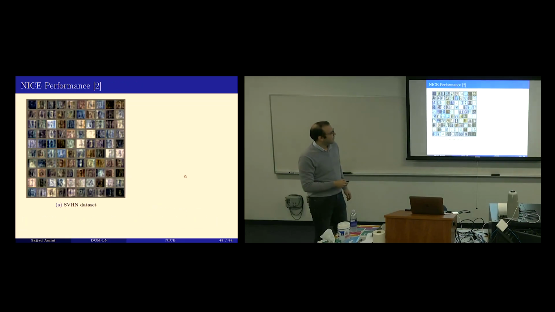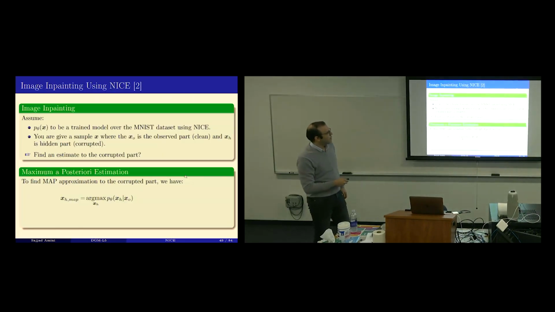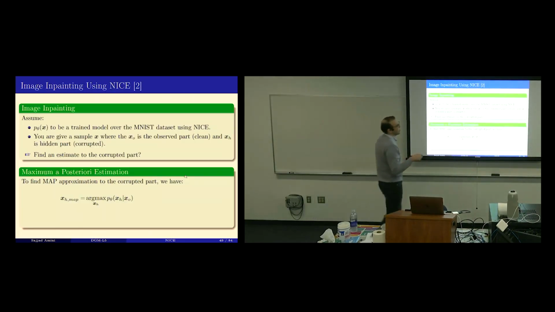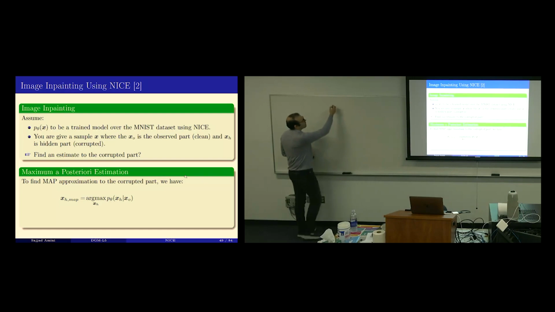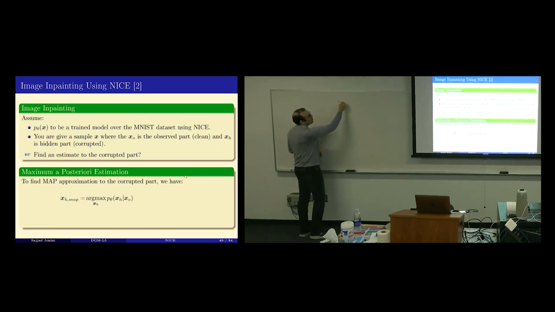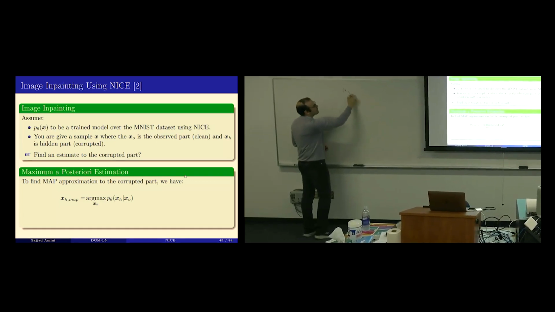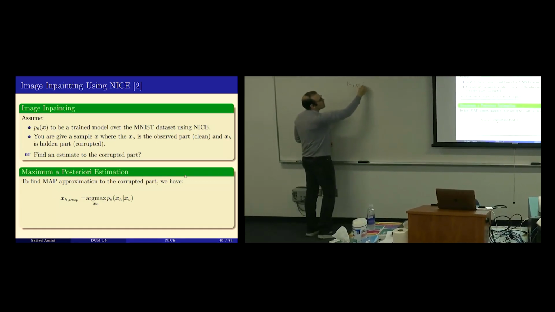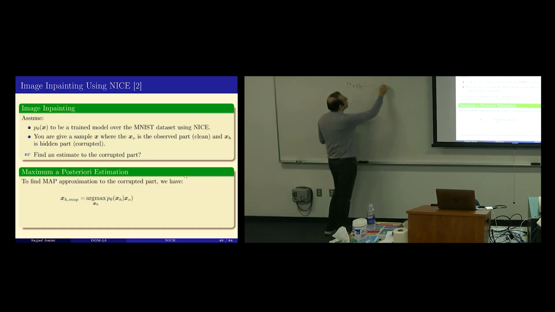Previously, we saw that if you have a missing part in your image, then based on a trained model, you can predict that missing part. Now, you have a data set, again MNIST, and you have the corresponding labels. Can you think of another form of modeling for this problem?